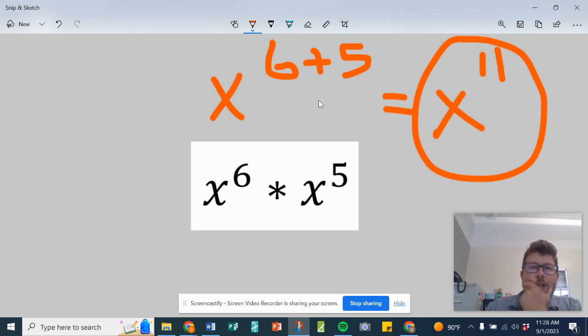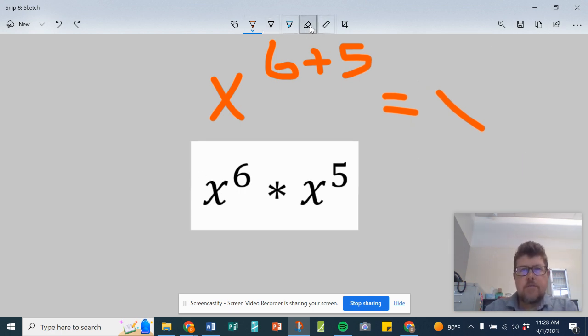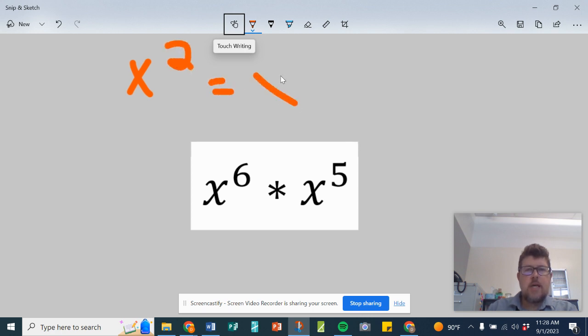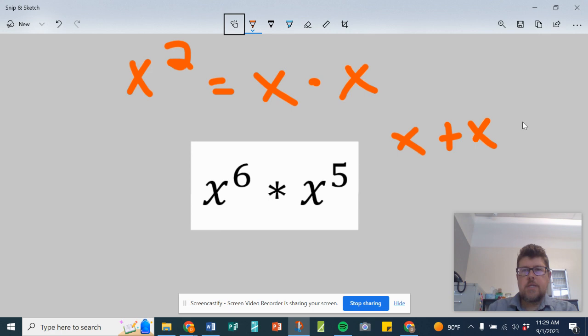You might be thinking, when I multiply these x's, why isn't this 6x versus x to the 6th? The reason is the difference between addition and multiplication. x squared is the same thing as x times x, but x plus x is 2x.